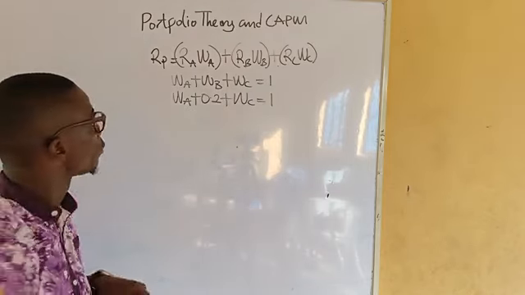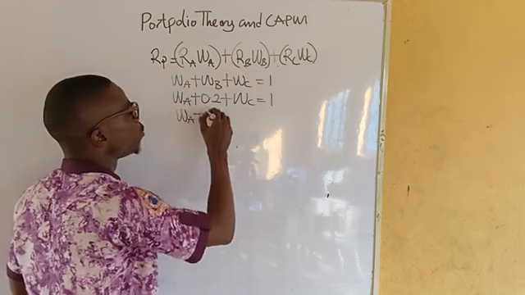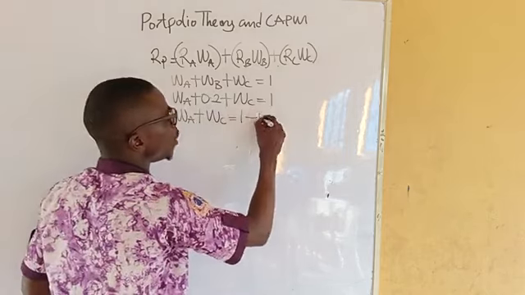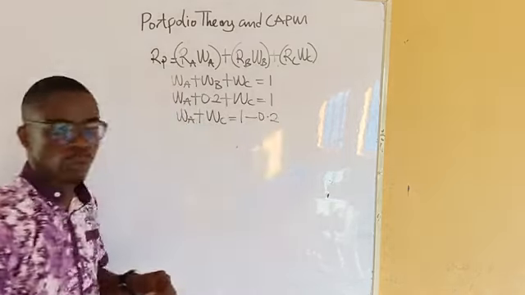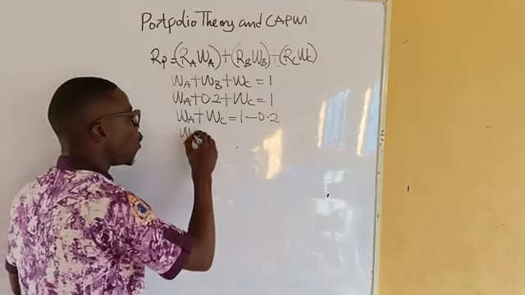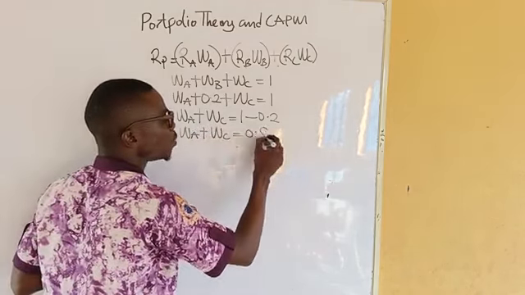Are we together? Now, the weight of A plus the weight of C is equal to 1 minus 0.2. Are we together now? That means the weight of A plus the weight of C is equal to 0.8.